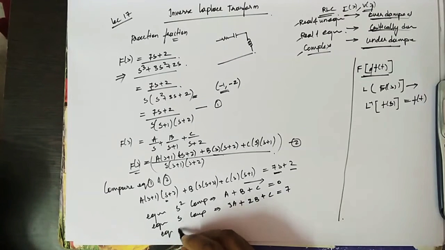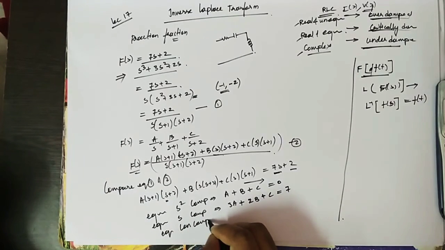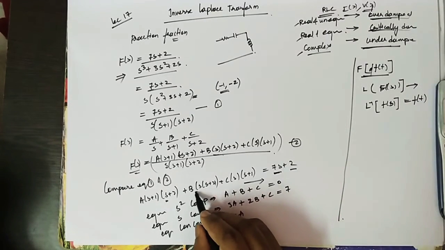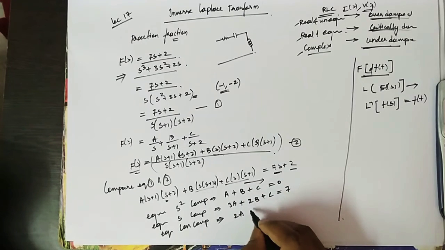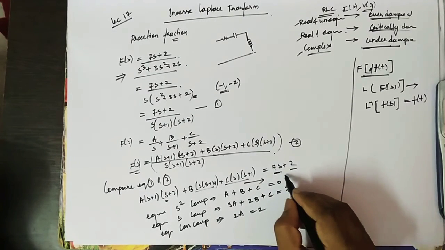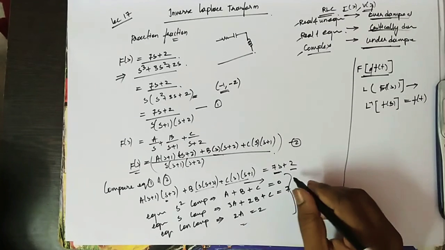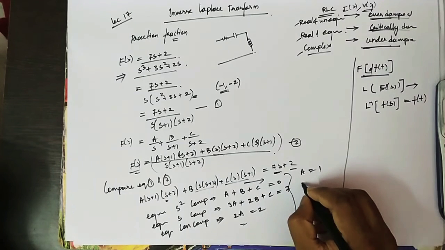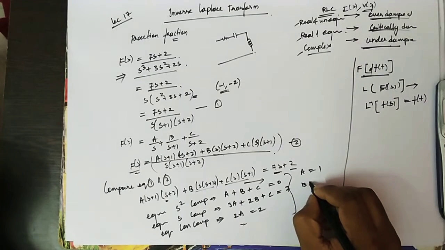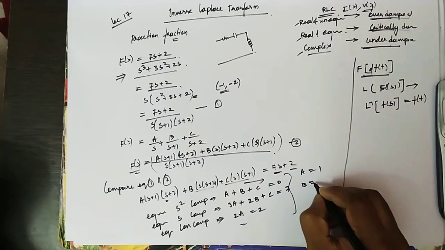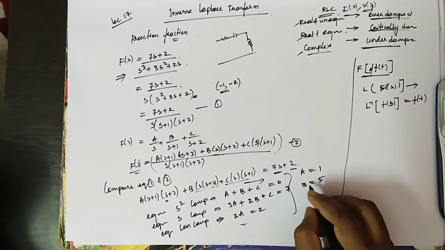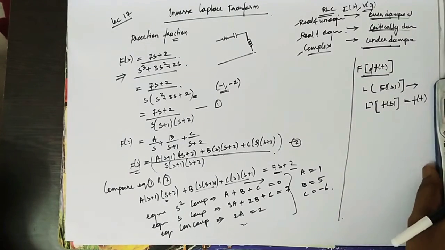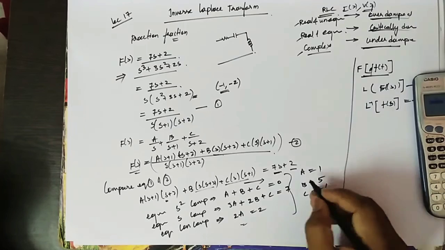Now again equating the constant components: you have 2A equal to 2, since there is no constant here. Solving these three equations, you get A equal to 1, B equal to 5 and C equal to minus 6. So by equating, you get these components.